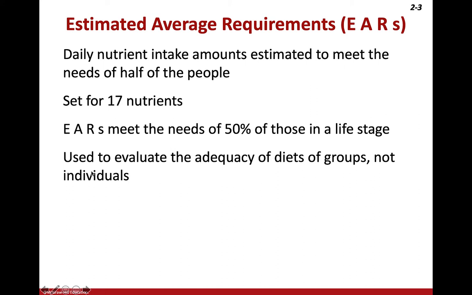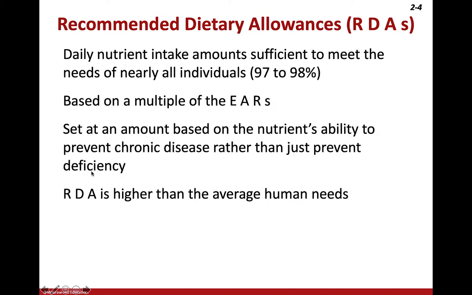So EARs are not really designed for an individual. The EAR is actually set for 17 nutrients. And as I indicated, they're really about meeting the needs of 50% of those in a given life stage. So these are definitely not ideal to use for an individual. That's going to be a very, very big distinction.